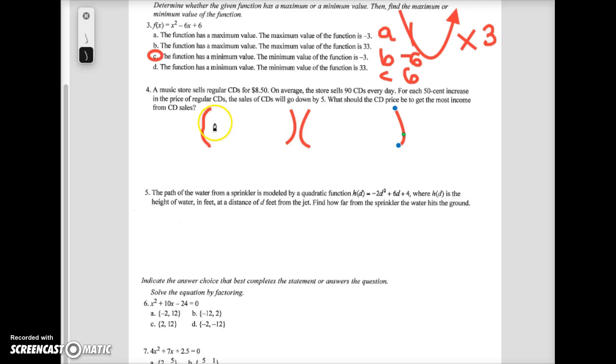Okay, and in our first one, what we start off is the basic price was $8.50. The pen doesn't want to draw 50 cents. Remember, that's 8.50.